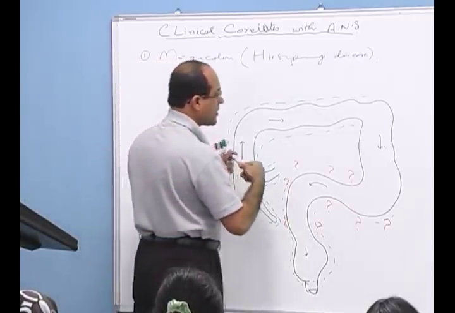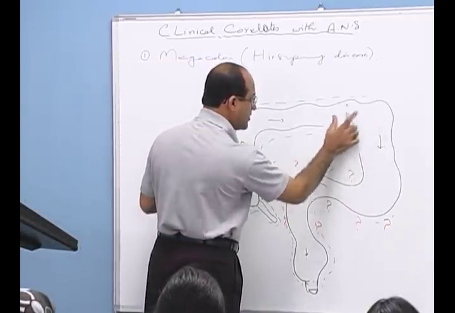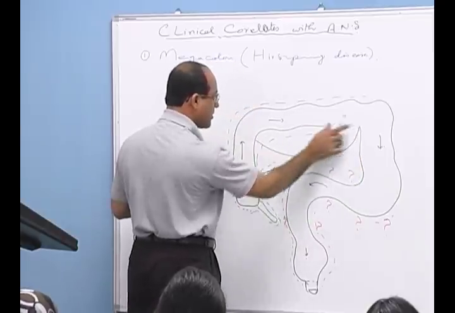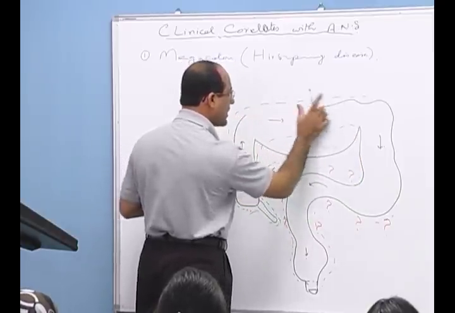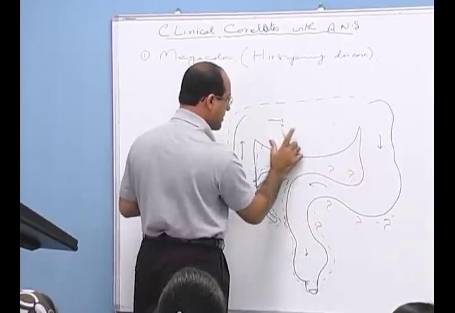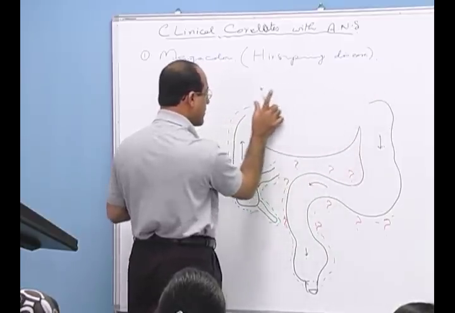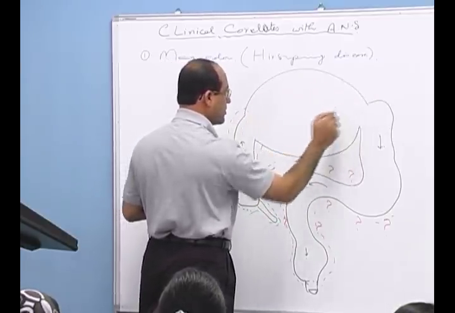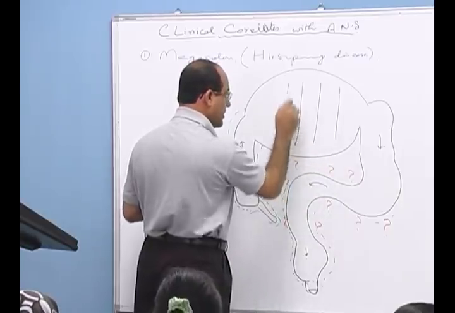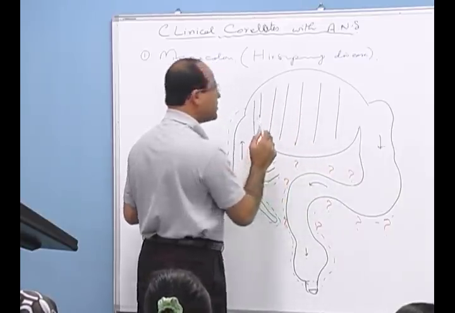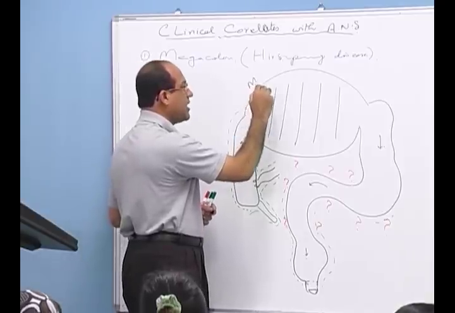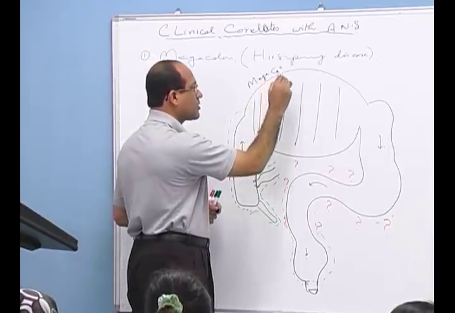The GIT becomes pathologically distended just proximal to the aganglionic segment. Due to that reason, we call it a megacolon, a large colon.